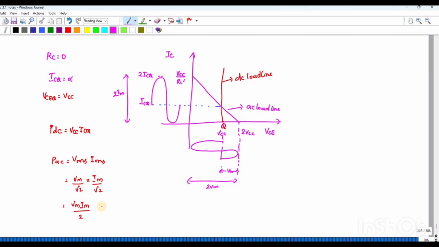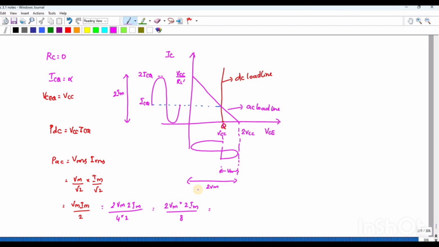So I can write it as 2 VM into 2 IM divided by 4 into 2, that is 2 VM into 2 IM divided by 8.